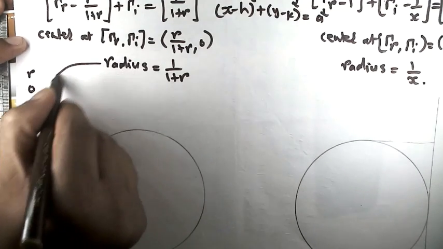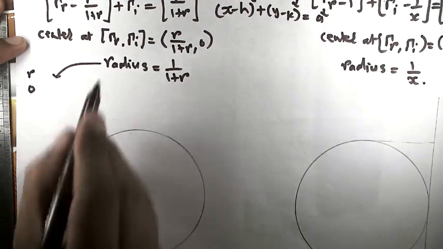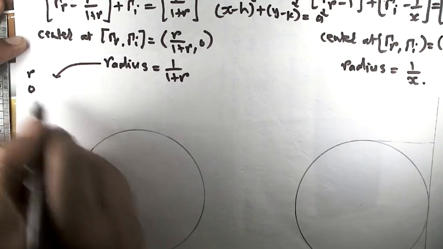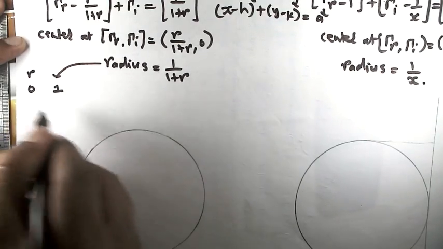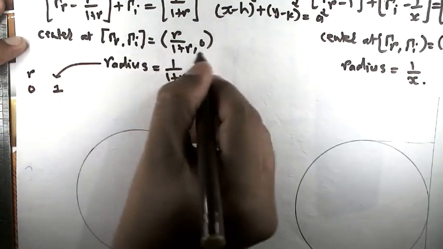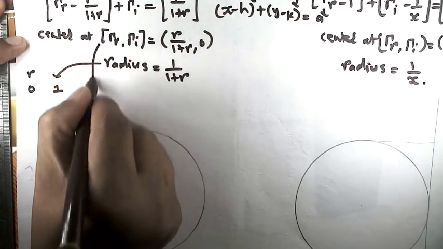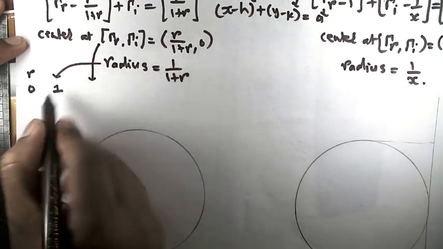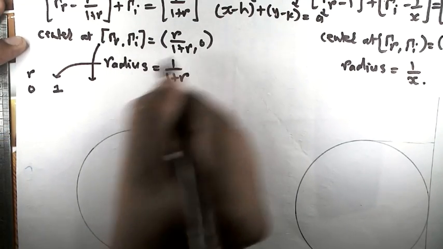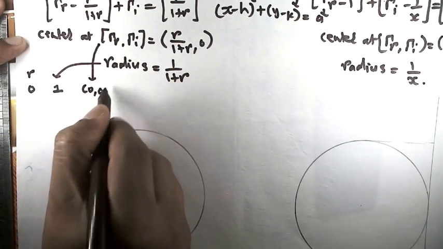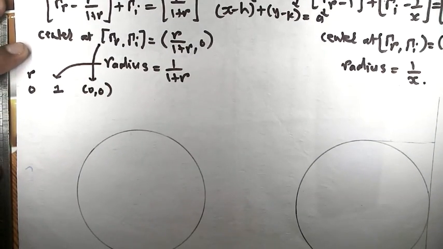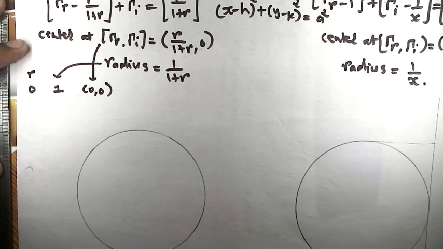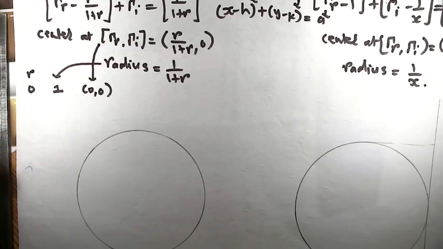For r equal to 0, the radius becomes 1 over 1 plus 0, so it becomes 1, and the center of this circle will be at 0, 0. So for this normalized value of the load resistance r equal to 0, the center is at 0, 0 and the radius is 1.